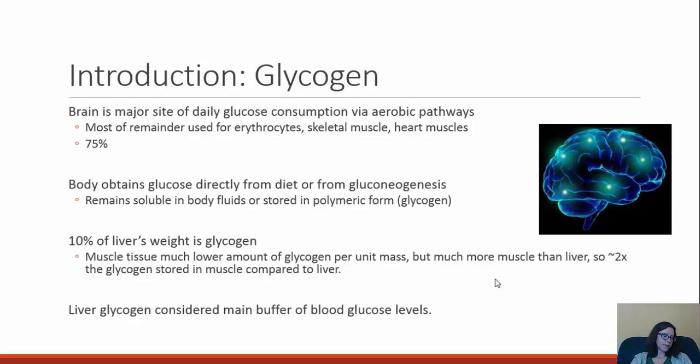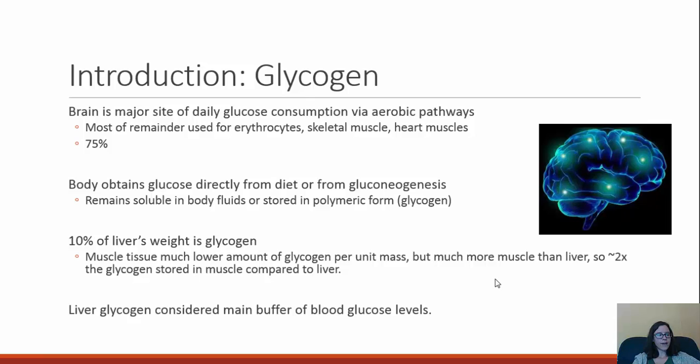Now the body can either obtain glucose directly from the diet or can produce glucose from gluconeogenesis. And that can occur either from lactate or from amino acids. And glycogen allows glucose to remain soluble in polymeric form in our body fluids.